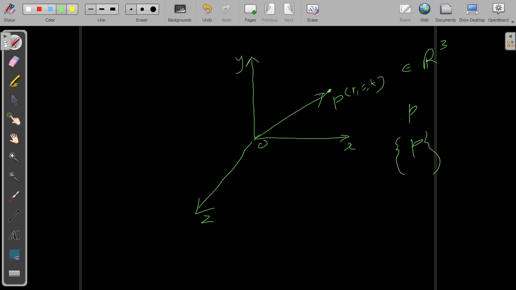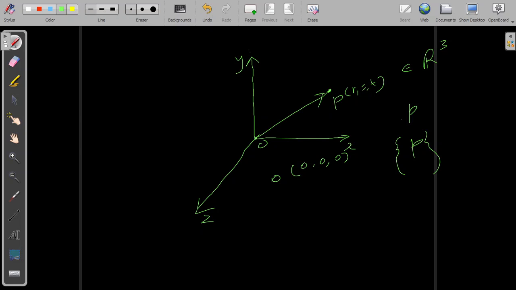Now let me consider a point at the origin O. That vector will be 0, 0, 0. That is nothing but our zero vector in R3.